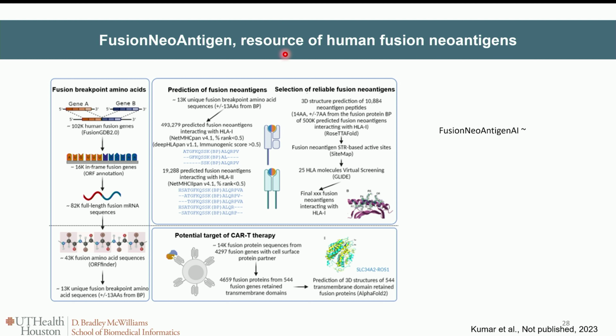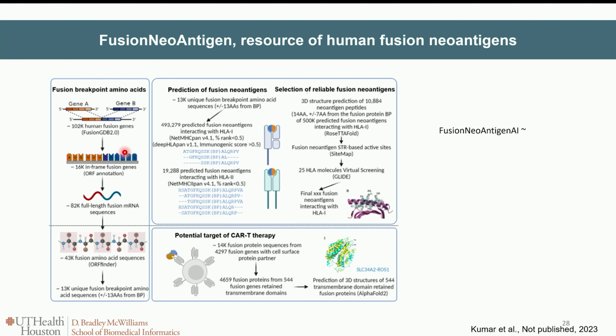More recently, we are predicting the fusion neoantigen. These days many people are studying neoantigens, and it can be one therapeutic approach for fusions. If we focus on this breakpoint area, wild type or fusion protein will be degraded.